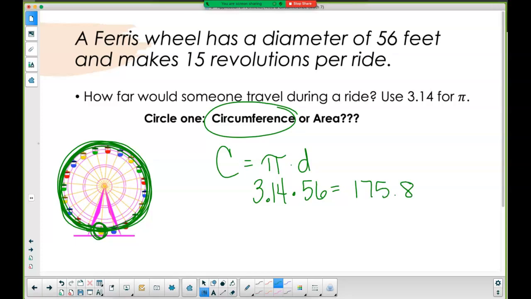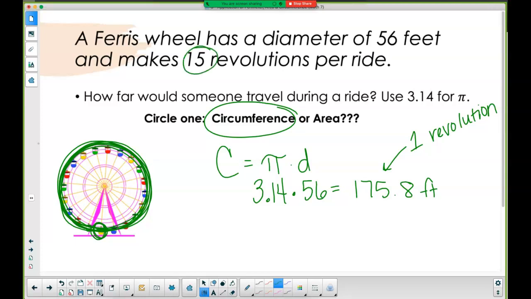Is that my final answer? No, what does that mean? The 175.8 means what? Caleb? One revolution, one time around. That'd be a really boring Ferris wheel ride if you just got to go one time around and be done. This one actually goes 15 times around.